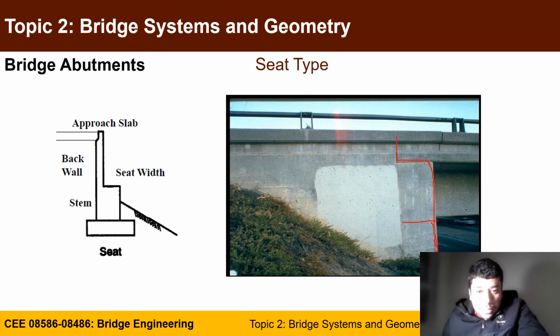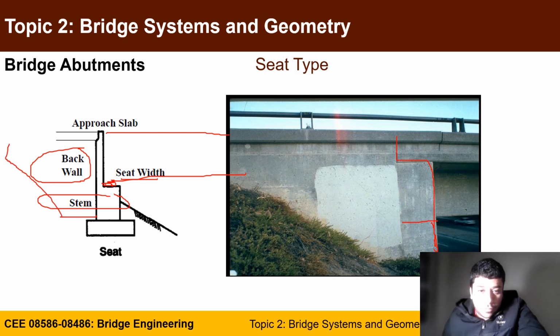So this C type abutment, your superstructure comes and sits on the seat, and this is the stem side, and this is the back wall side, and there is one wall from this side. Your foundation can vary from shallow foundation to deep foundation, and you also have what's called this concrete approach slab.